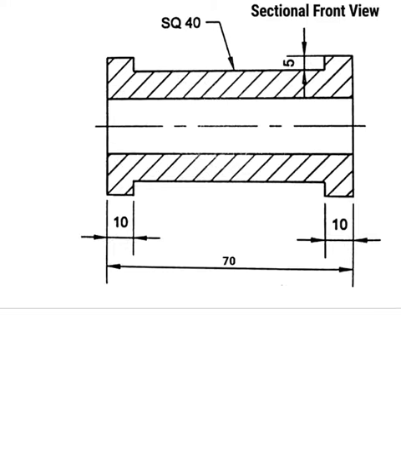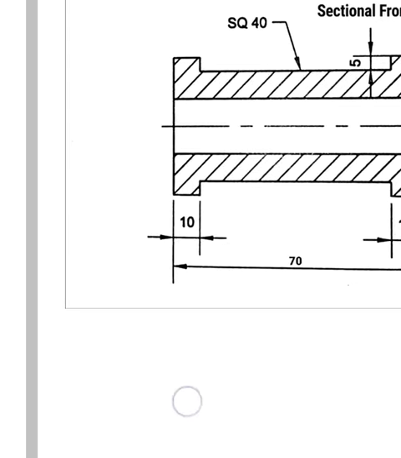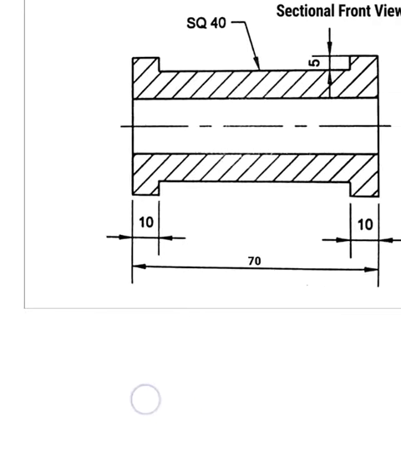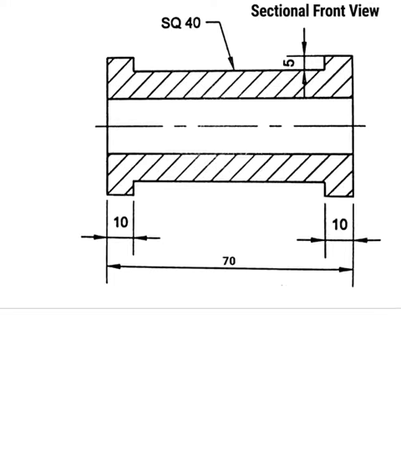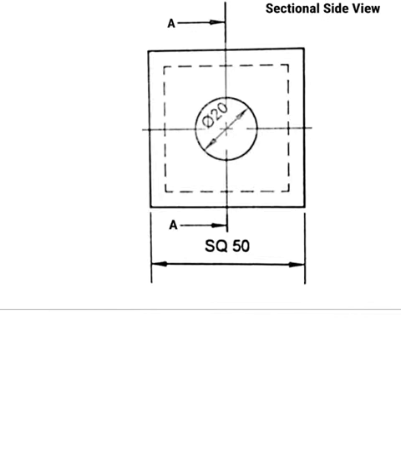The length of this sectional view is 70 millimeter and the height of this sectional view is also 50 millimeter. The middle square portion is 40 millimeter. So this is our sectional front view, and now we need to draw our sectional side view. This is our sectional side view of square 50 millimeter. That means its height and width both are 50 millimeter.